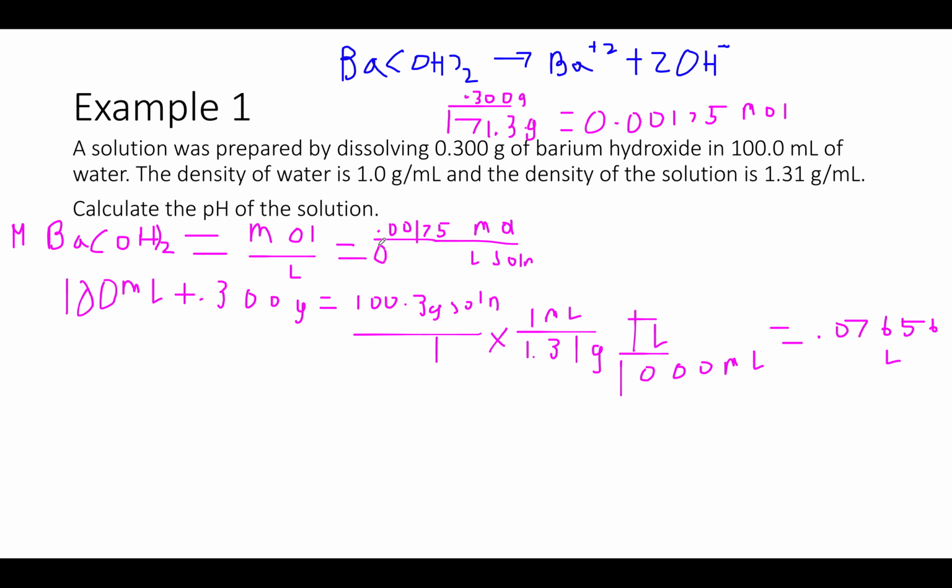Dividing the moles by 0.07656 liters, you get the molarity of the solution to be 0.2288 molar barium hydroxide. So that is the first step here.